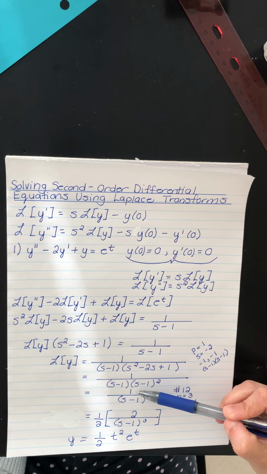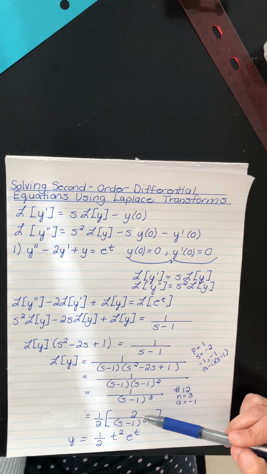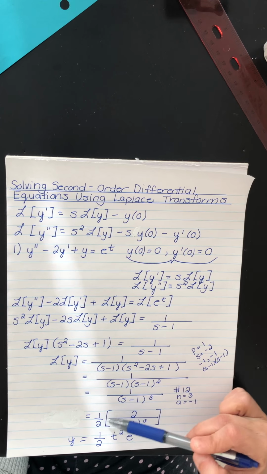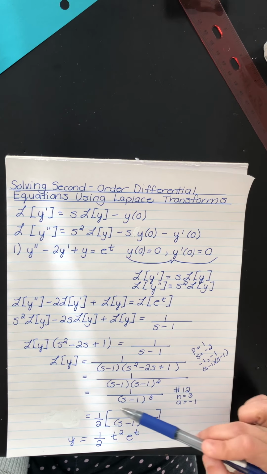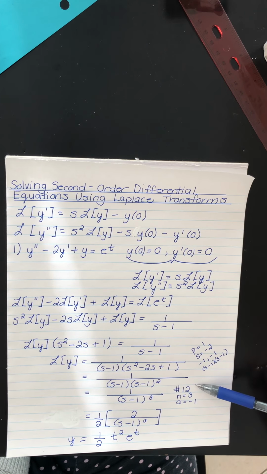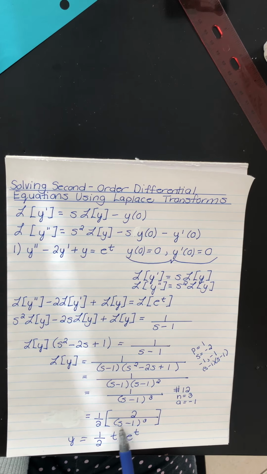We have just 1 here. If we want 2, we put 2 there, compensating with a factor of 1/2 out front. We now have this part being a perfect match to transform 12 with these values of n and a. And so it is time to finally write our answer. y is, this will be the coefficient out front, and we get here t squared times e to the t.